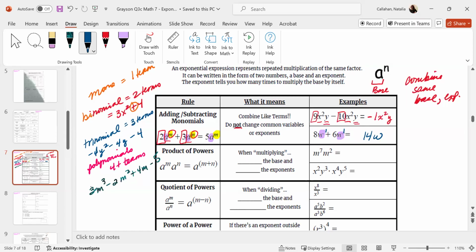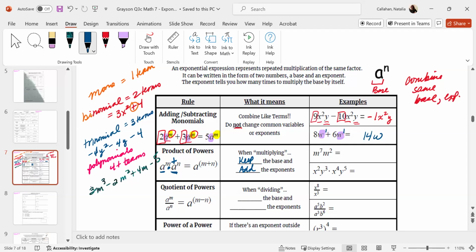Okay. Product of powers. If you have the same base and they're multiplied, you can add the exponents together. Okay? When multiplying, keep the base and add the exponents. As in the base has no changes.